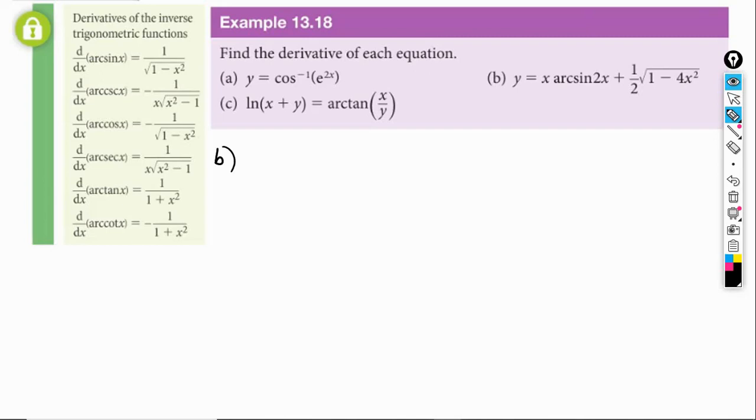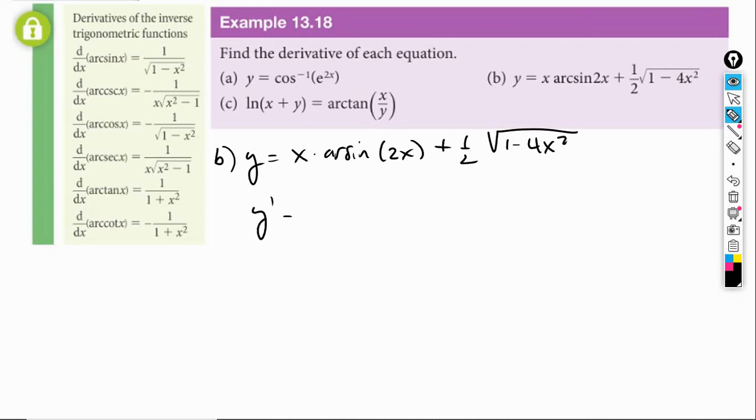Okay, so we're going to work on part B. And for B, we have that y is equal to x times arc sine of 2x plus 1/2 square root of 1 minus 4x squared. So the derivative of this would be, let's see, notice that here, we will need to do the product rule. So it's the first factor times the derivative of the second factor.